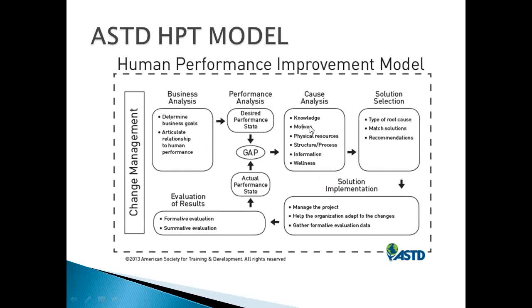These are human causes primarily. You don't see a lot in here on organizational systems, or on the environment, although you'll see a little bit. And then you do the solution implementation. So you see the APIE model wrapped in here too. Do the analysis, do the plan, do the implementation, do the evaluation. So you'll see that model is very similar in that respect.